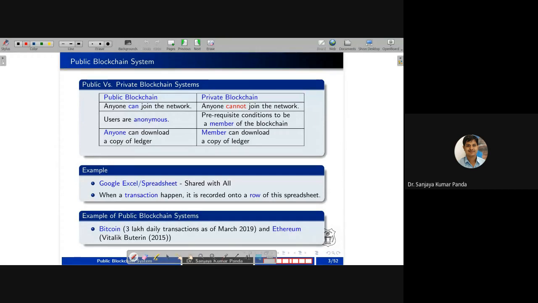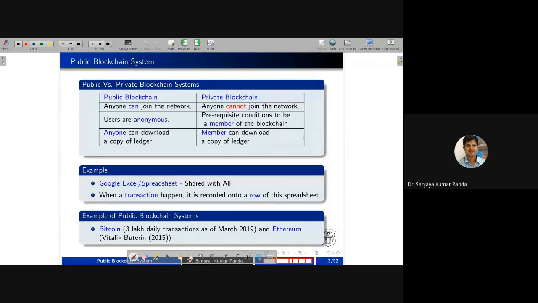In a similar fashion, if you compare a public blockchain system with a private blockchain system, in a public blockchain system anybody can join. You cannot stop an individual from joining the blockchain network. In fact, each and every peer or user is treated equally. But when you go for private blockchain, like the private email ID, nobody can create one if it is not associated with your organization.